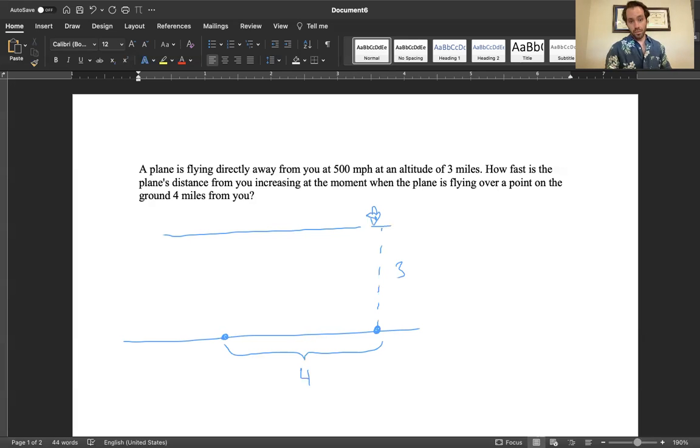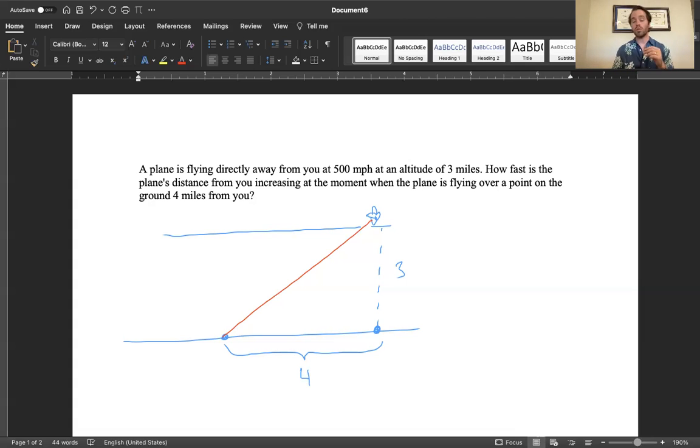No, but it's flying over a point 4 miles from where you are. And then we want to know how its distance from you is increasing.